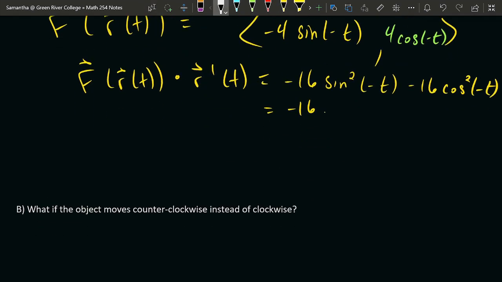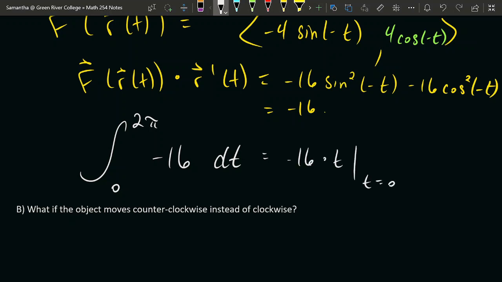Finally, let's integrate this dot product over the values of t that correspond to doing one loop around the circle. So that looks like negative 16 times t, evaluated from 0 to 2 pi, which looks like negative 32 pi.